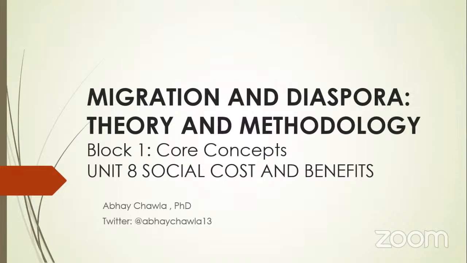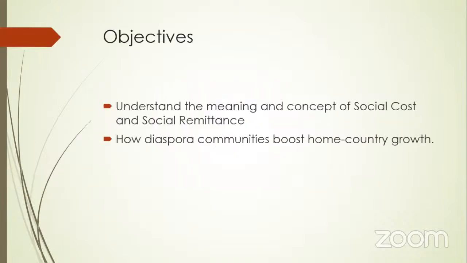But in any transaction, besides the economics of it, there is something more. And that something more is called a social cost. So let's first understand what social cost is. As part of the objective, we look at two new terms, social cost and social remittances.